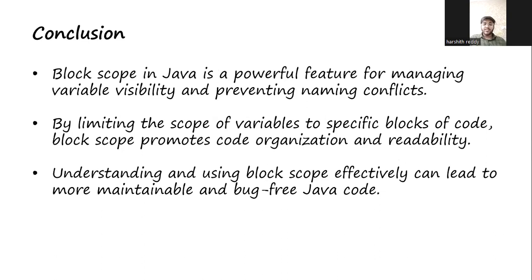By limiting the scope of variables to specific blocks of code, block scope promotes code organization and readability. The management of a program can be made easier by using block scope. Understanding and using block scope efficiently can lead to more maintainable and bug-free Java code, which is very important for a programmer.